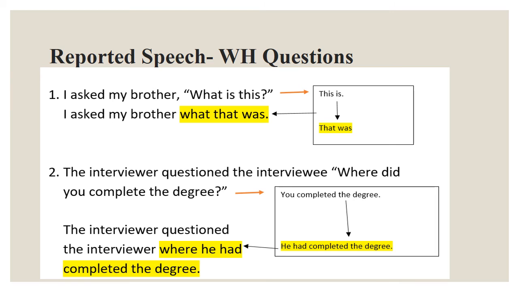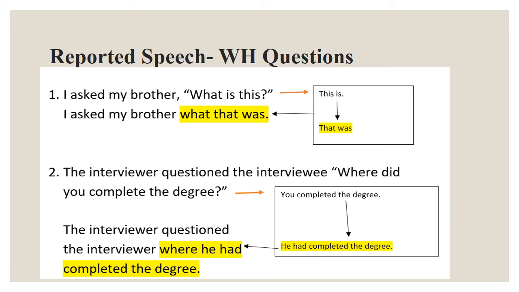Okay, now let's convert WH questions into reported speech. Here also we have to change the question into a statement. But before that, we have to separate the WH word from the direct statement. For example, look at the first one. I asked my brother, "What is this?" Here we separate "what" from "is this," and then we take "is this" and change it into a sentence.